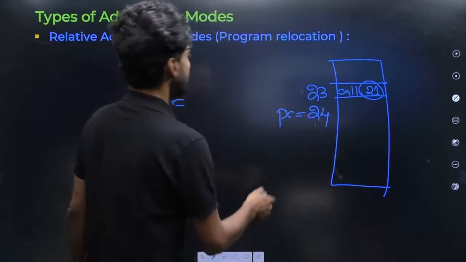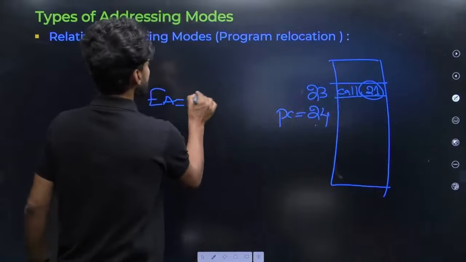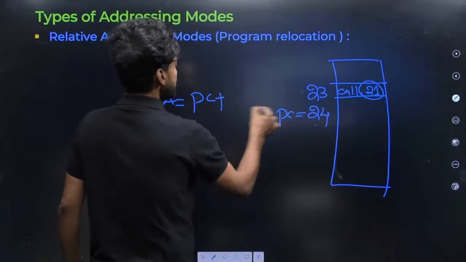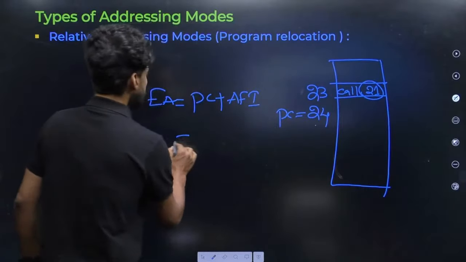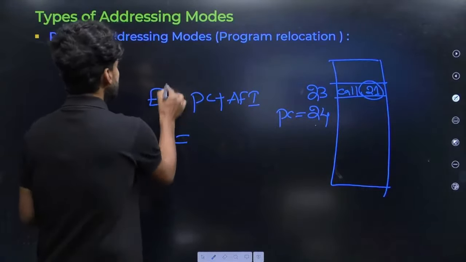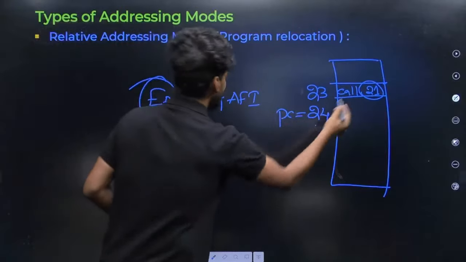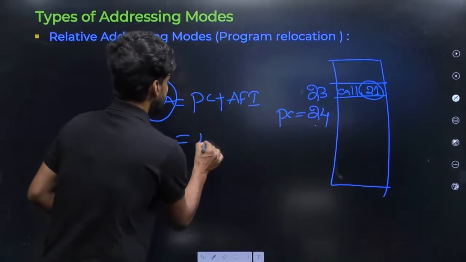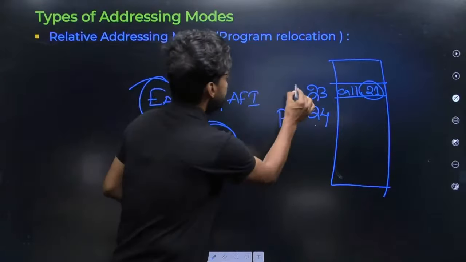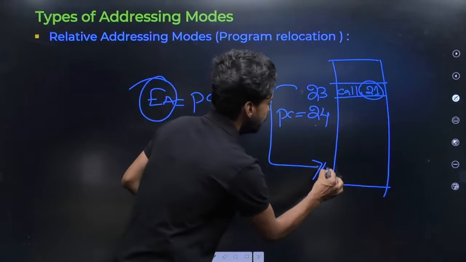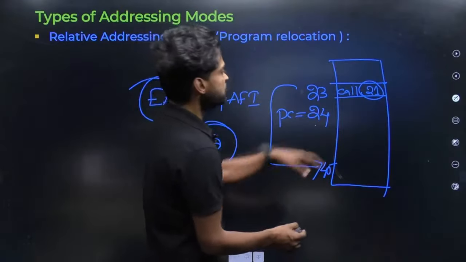Both together, when they get added, we are going to get the effective address. That is 24 plus 21, that is 45. The effective address is 45. Here, a branch has to be made to 45.